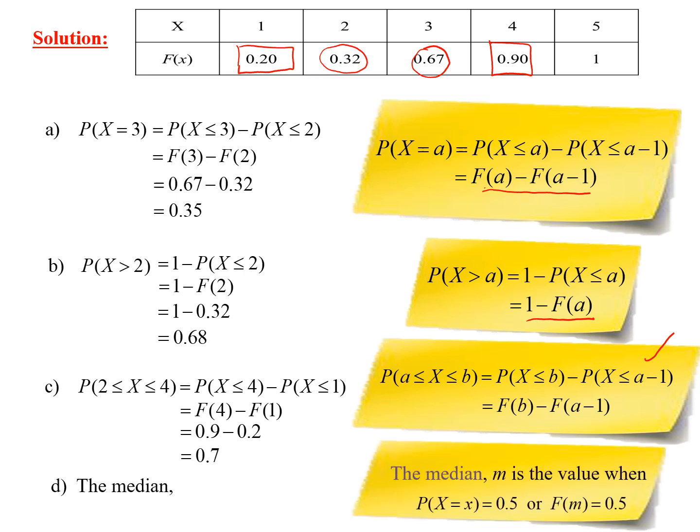For the median, we have the formula F(m) equals 0.5. So 0.5, by referring to the cumulative distribution function given in the form of the table, 0.5 is here. So our median equals 3, x equals 3.